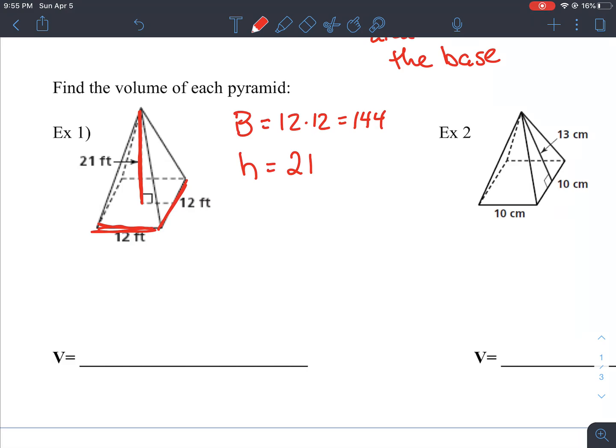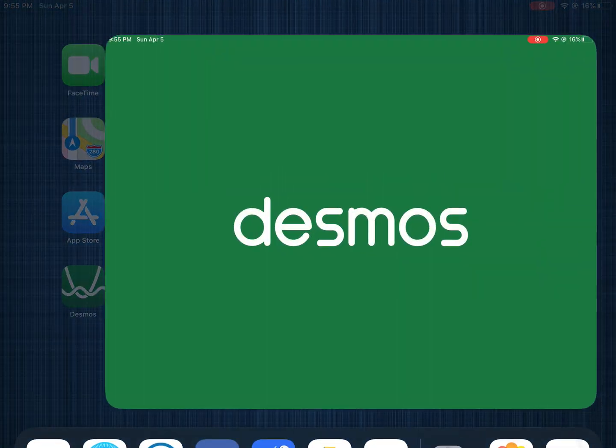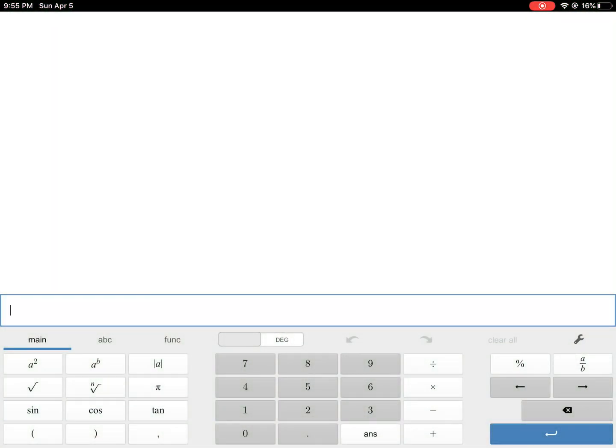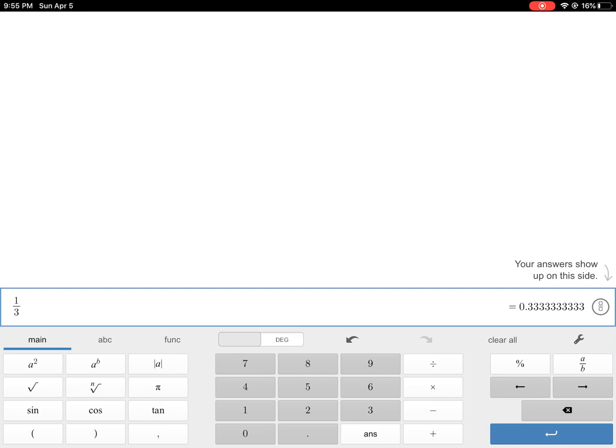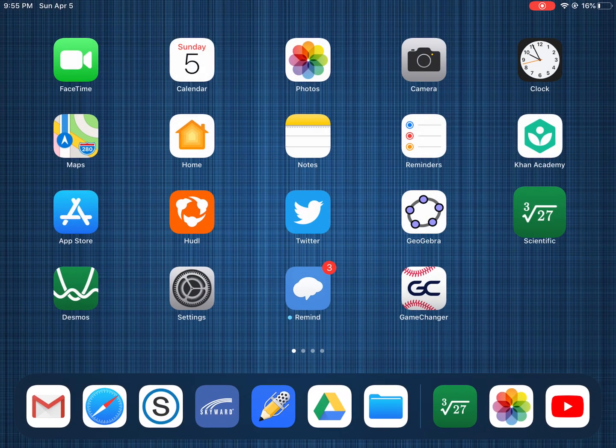Therefore, the volume is 1/3 times the area of the base, 144, times the height. So if we do this, I'll just do this first one on the calculator so you can see how that works out. 1/3 times 144 times the height of 21, and we can see that we get an exact answer of 1008.